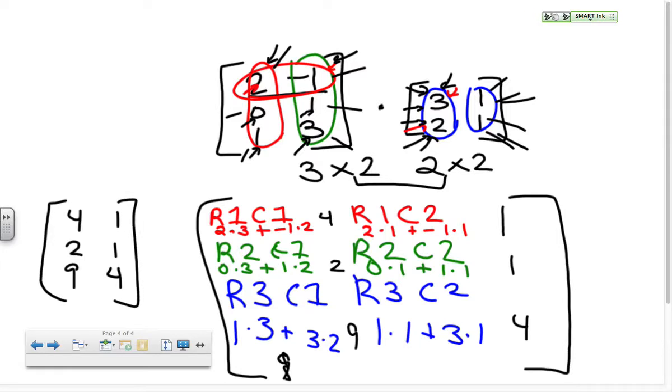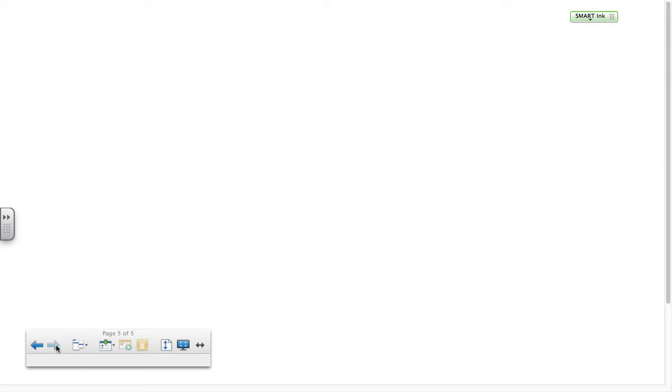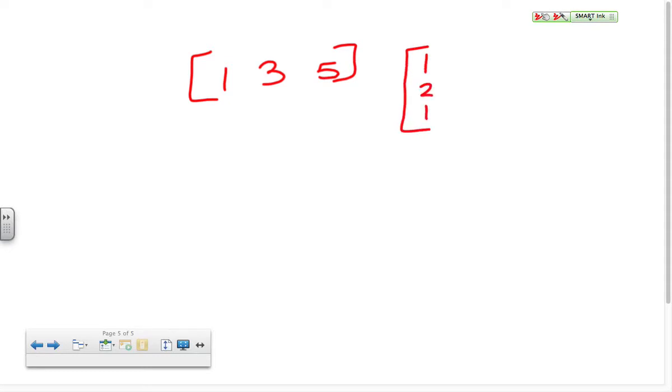I know that was kind of long. I hope that wasn't too confusing. Let's do another example, just to make sure we're good. So the next one is 1, 3, 5 and 1, 2, 1, 0, 3, 4.